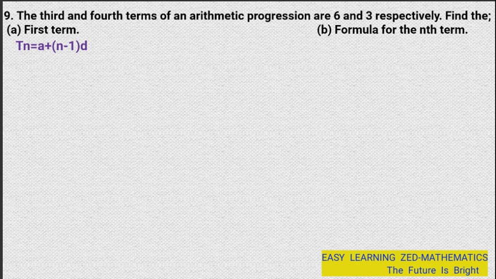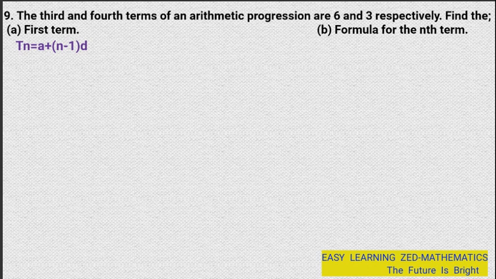In our question we are given the position and the term which is on that position. As you can see, the third position is occupied by 6 and the fourth position is occupied by 3. That's why you can see the word respectively there.